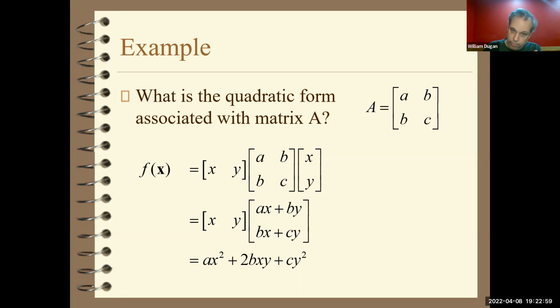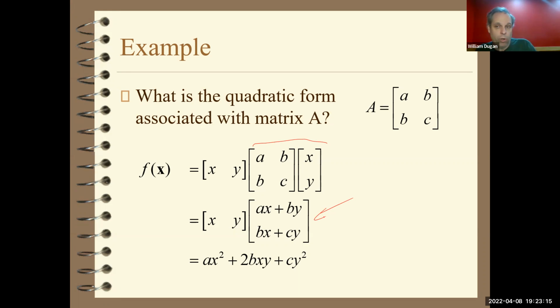I took the matrix and I multiplied it to the vector (x, y). When you go ahead and do this much of the product, you get that product right there. And then we have a row times a column. We just do the multiplication and add it up. You then get this particular quadratic form.